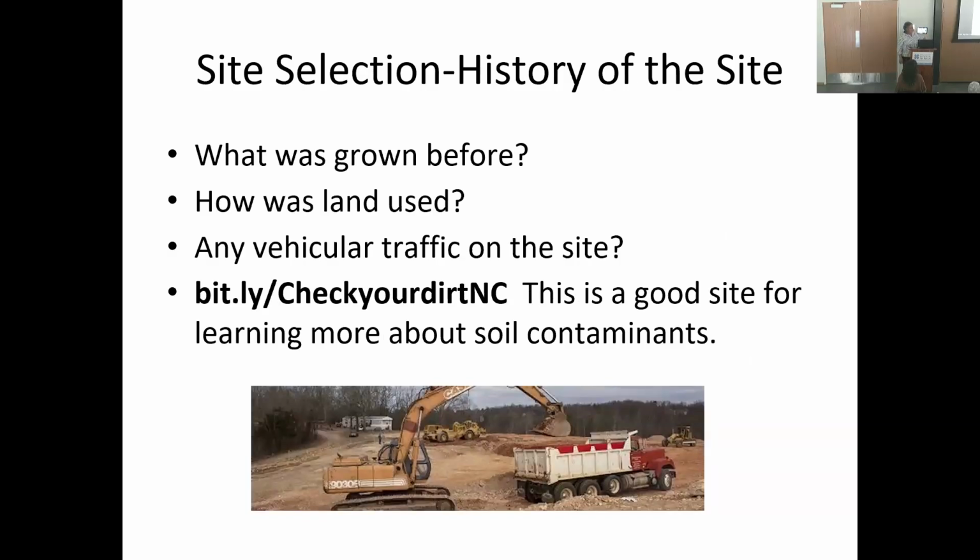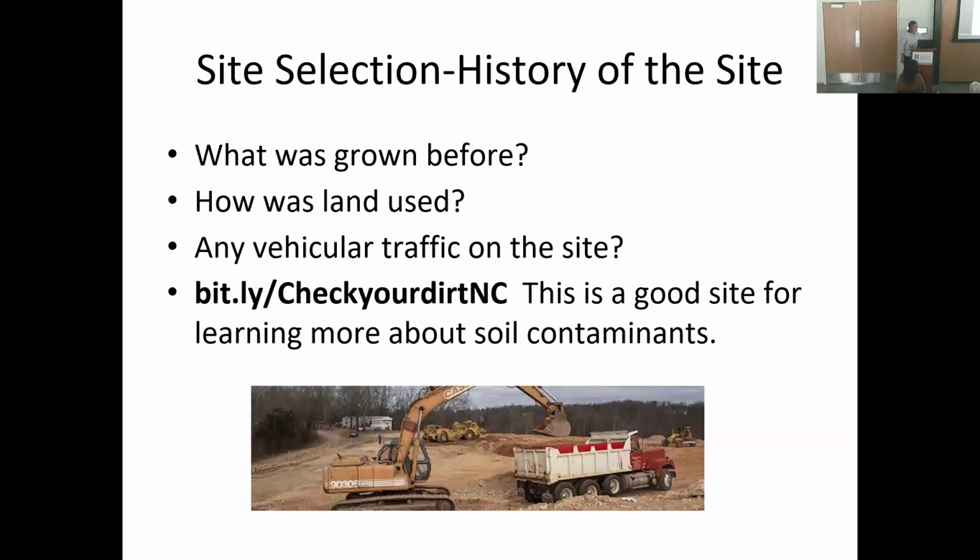The last thing about site selection that I want to mention is what happened on that piece of property, that landscape, prior to you planting that native fruit. How was that land used? Is there any chance that there's compaction from vehicular traffic?